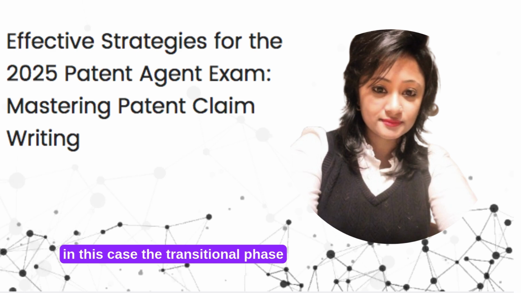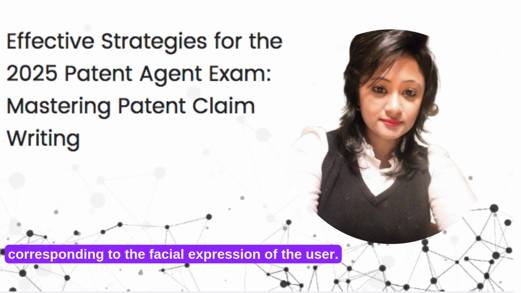In this case, the transitional phase is the word comprising. Before comprising is the preamble, and as the preamble suggests, it talks about the main object of the invention, that the claim is limited to a computing device. It's a device for generating an avatar with the function of facial expression, and the facial expression is the one corresponding to the facial expression of the user.